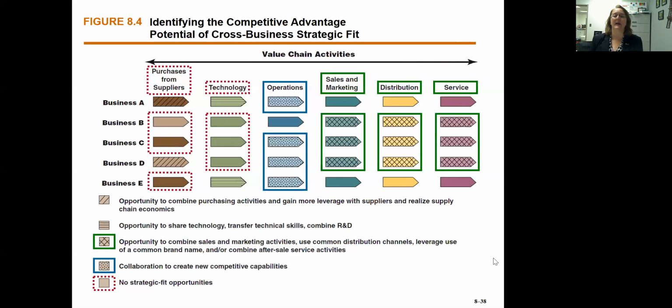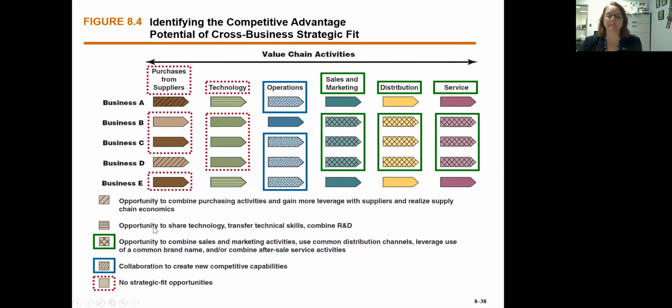So here, for example, the value chain activities: you've got purchases from suppliers, technology, operations, sales and marketing, distribution, services. And you've got 5 businesses.